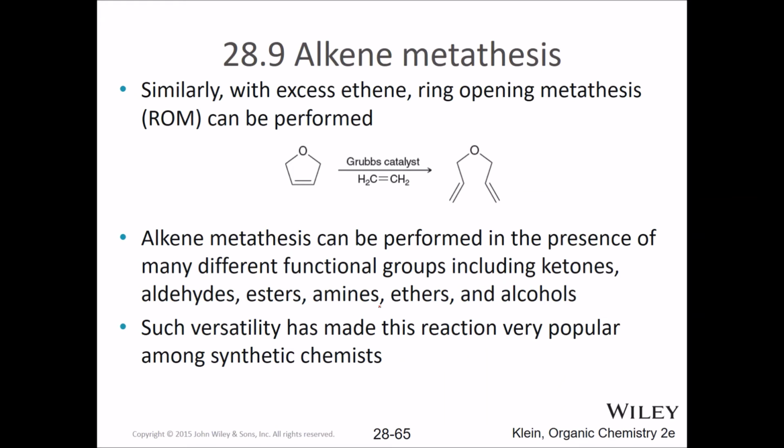If we take this with excess ethene, so we've got a big bath of ethene, Grubbs catalyst, and this is how it's going to show up in the problems. Grubbs catalyst with ethene. What you do when you get something like this, you find, okay, Grubbs catalyst, that's a metathesis. So I'm going to take this, snip, snip, snip, snip, and replace these partners.